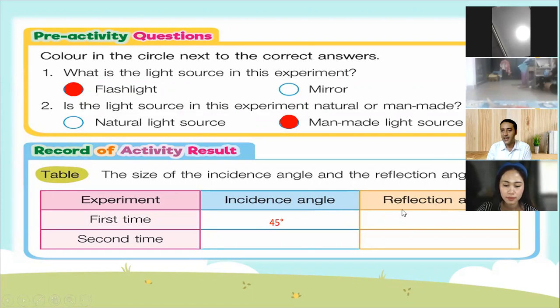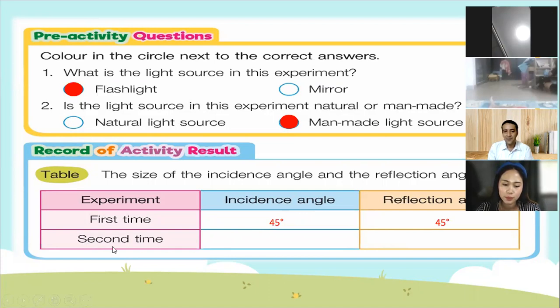So what will be the angle of reflection after hitting the mirror? It will be the same, 45. Like the incidence angle, after the light comes out of the flashlight and hits the mirror, it will reflect back at 45 degrees, the same angle.